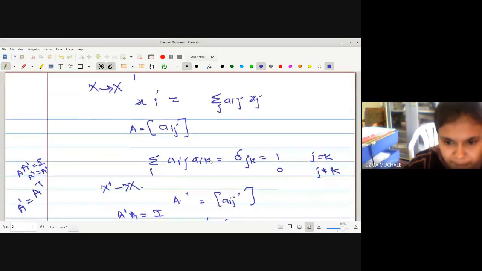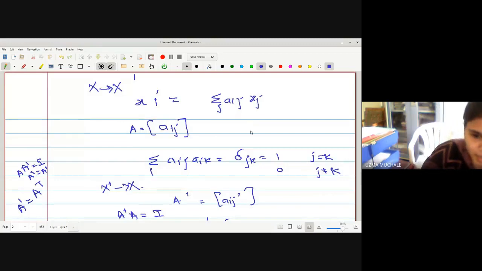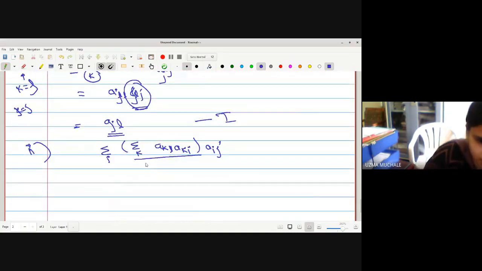I have written here, this is the delta orthogonality condition. So I can write this as delta li, the summation over i as it is, and aij dash.